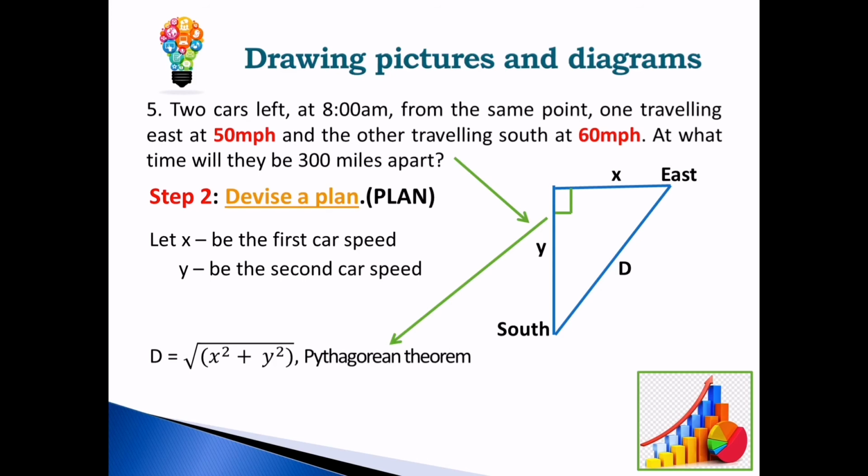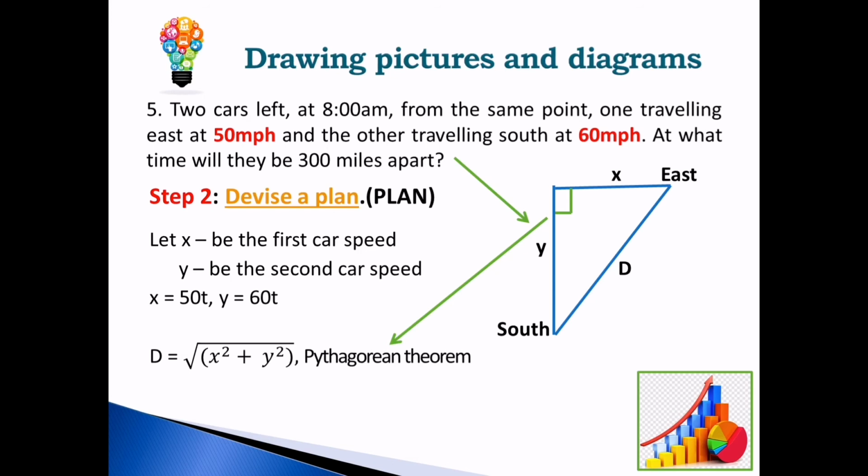In this case, let x be the first car's distance and y be the second car's distance. Since the first car is going east with a speed of 50 miles per hour, we can write it as 50t, where t is the time.